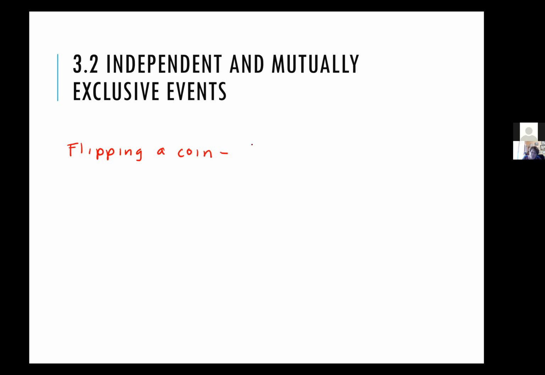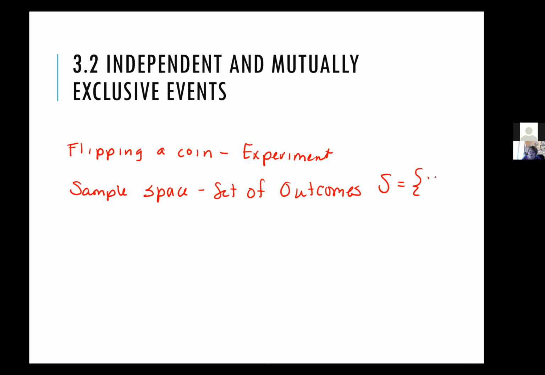Your sample space, or the set of outcomes, we could call that S, and that's either you get a head or you get a tail.